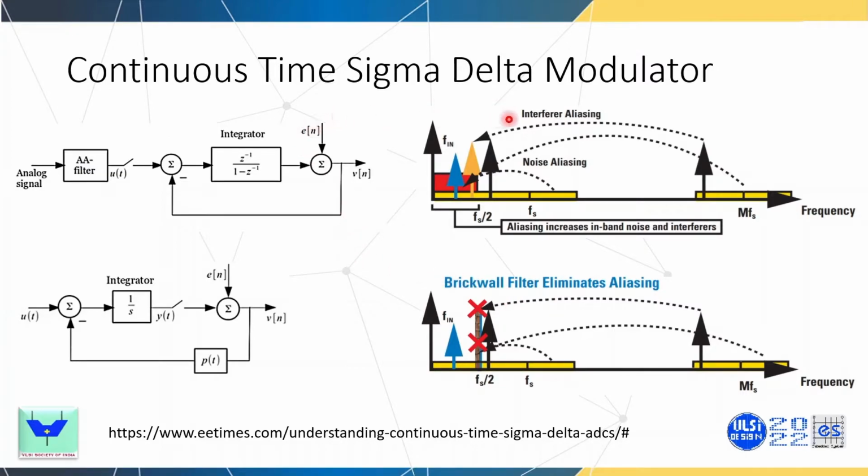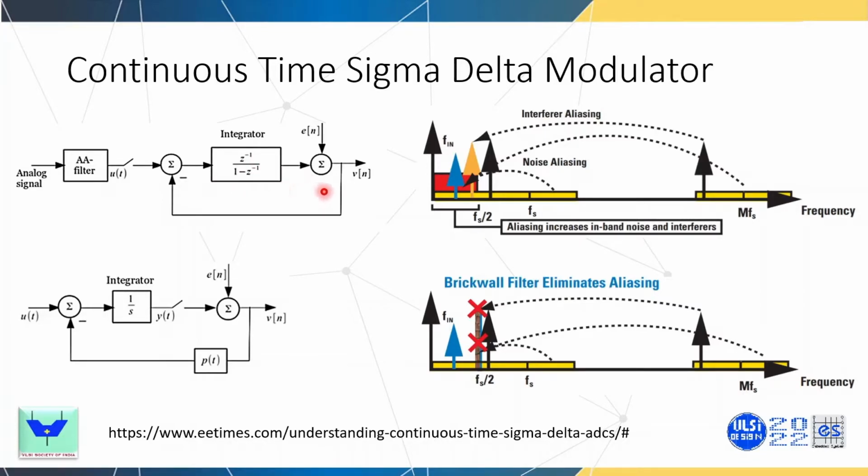Before I touch upon the continuous time sigma delta modulator, here is just a snapshot of a discrete time modulator. We have an anti-aliasing filter at the input of a discrete time modulator, which comprises a sampler and the complete modulator implemented in discrete time.